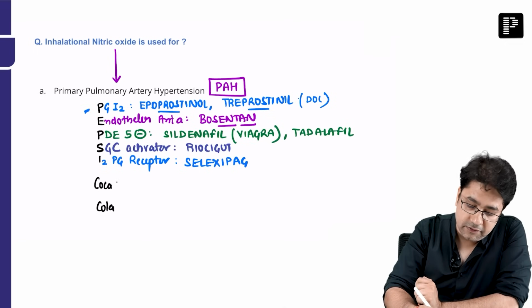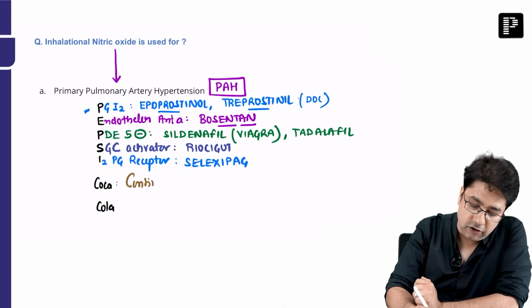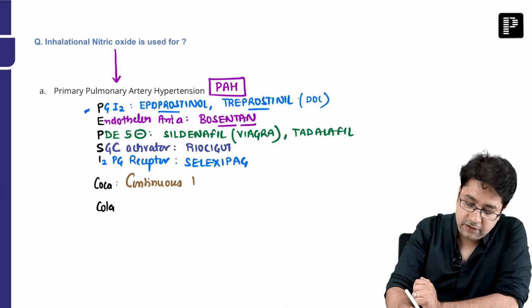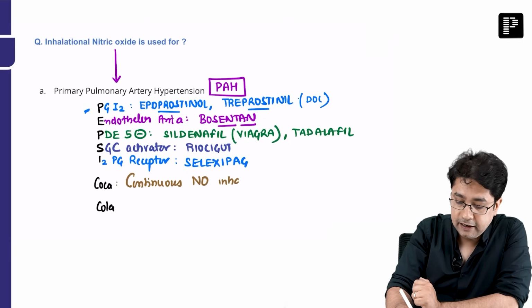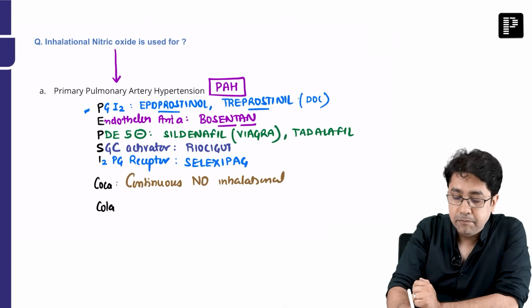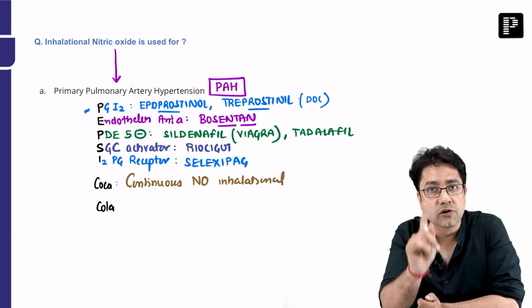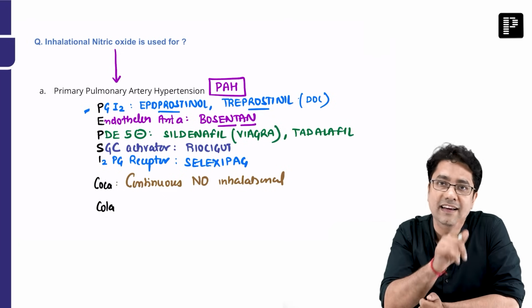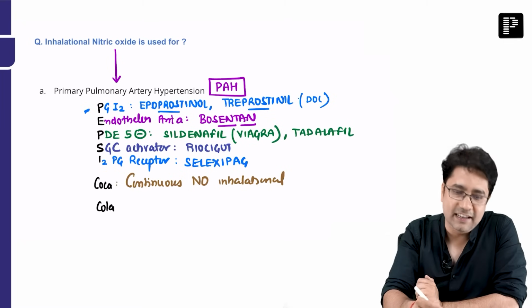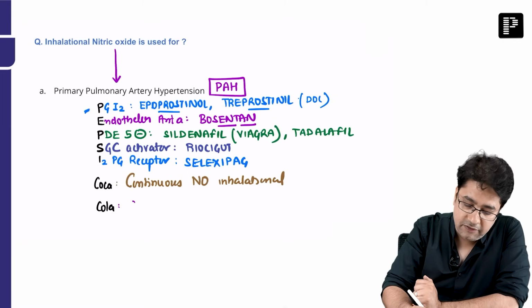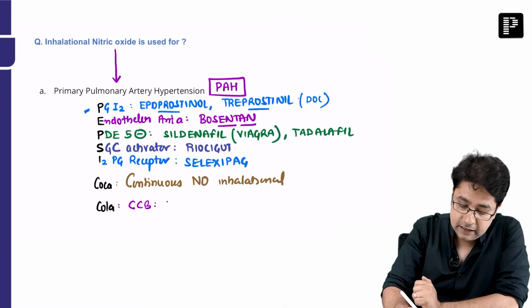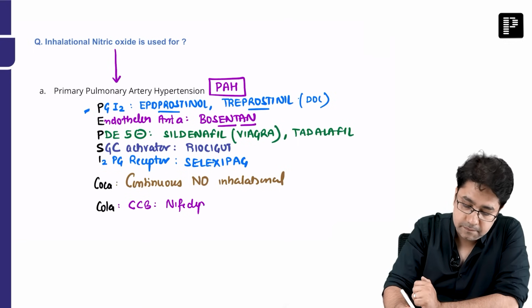They are not oral. Selexipag is an oral drug. Then very commonly we discuss continuous nitric oxide inhalation is given for the treatment of pulmonary artery hypertension. And remember, it's a repetitive question. It was also asked last year in INI-CET, where nitric oxide inhalation is given. And lastly, we give calcium channel blockers like nifedipine, amlodipine.